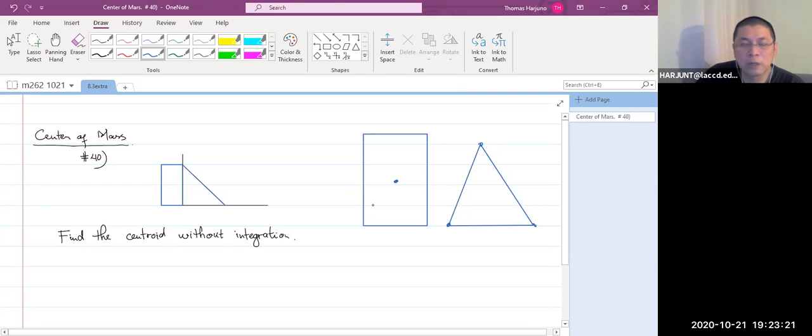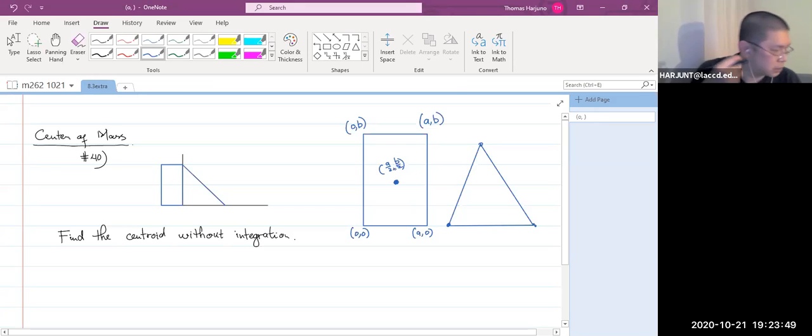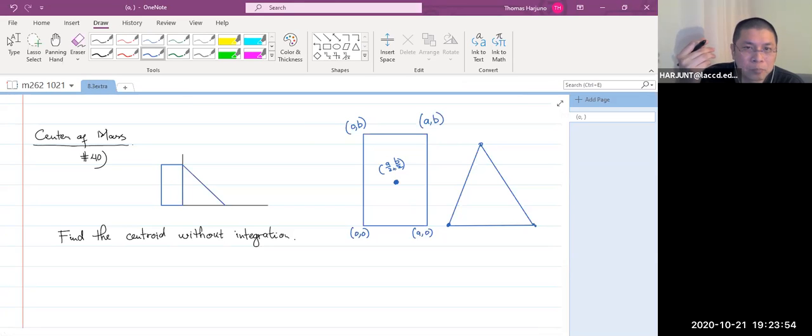So I'm saying the following. Let's say this is 0, 0, and this is A, comma 0. This is 0, comma B, and this is A, comma B. Now the center of mass here will be A over 2, B over 2. You see what I mean? Which is actually just the average of all those four corners.